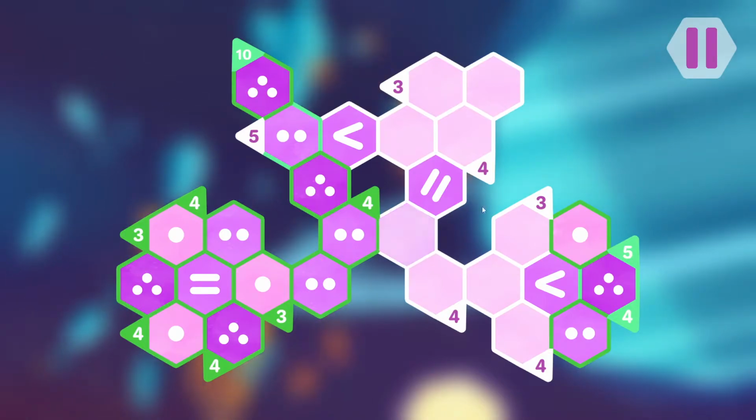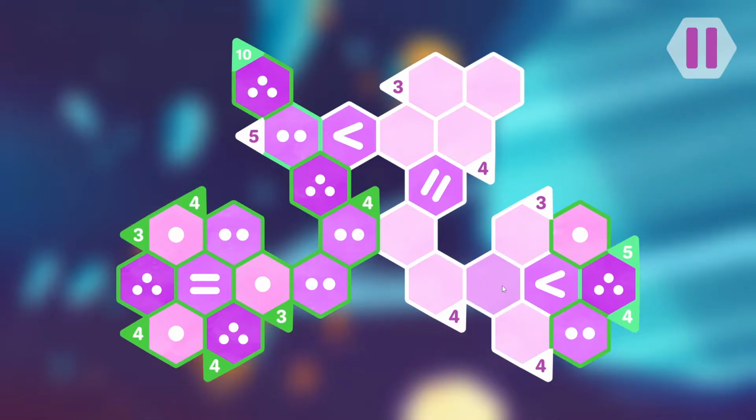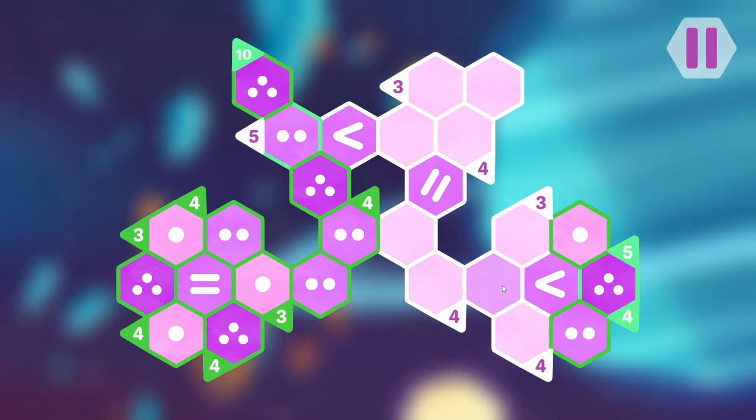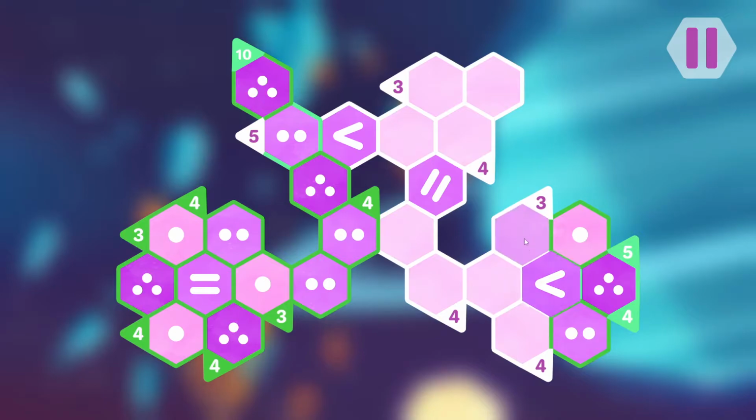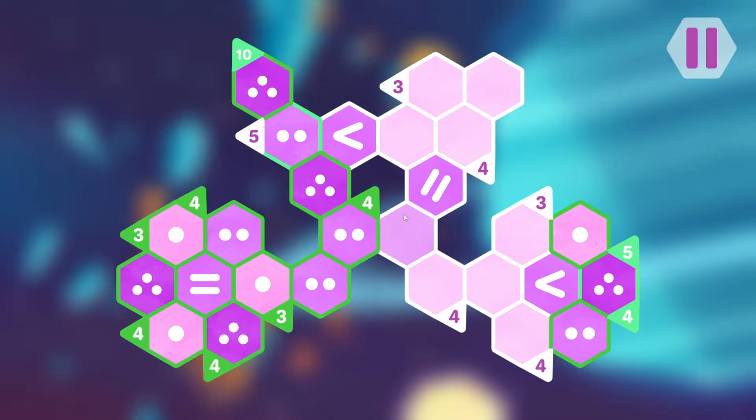So let's look at this part. We have 4. Okay, let's consider this cell. It can be 1, definitely. What if it's 2?